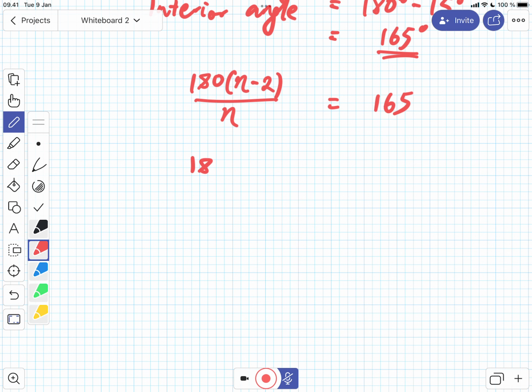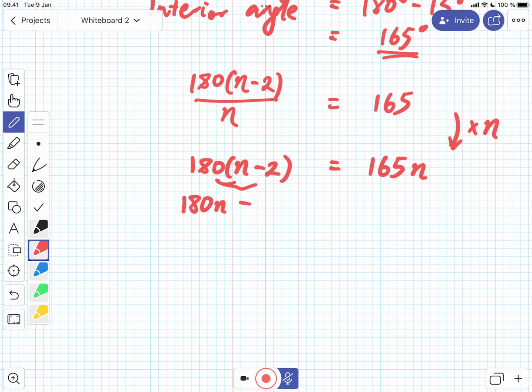So if I multiply both sides by n to get rid of the fraction, I get 180 times n minus 2, that's just the top of the fraction, equals 165 times n. I can multiply the brackets out, so 180 times n is 180n, and 180 times minus 2 is minus 360. So 180n minus 360 is 165n.